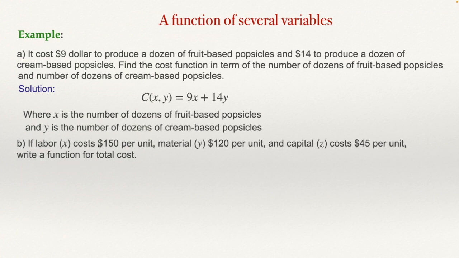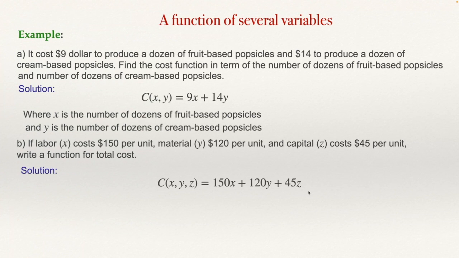Obviously, the total cost involves, in this case, the labor, the material, and the capital cost. So I'm going to say that it will be 150 times the number of units of labor, 120 times the units of material, and 45 times the number of units of capital that we are using. So this will be the cost function.